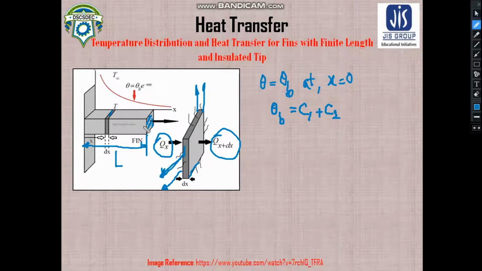That means this fin has a finite length and it is insulated at the tip. Okay, that means it is quite easy to understand that at the end of this fin, at x equal to L, this temperature gradient would become 0, because the tip is insulated, so there will be no temperature gradient present.